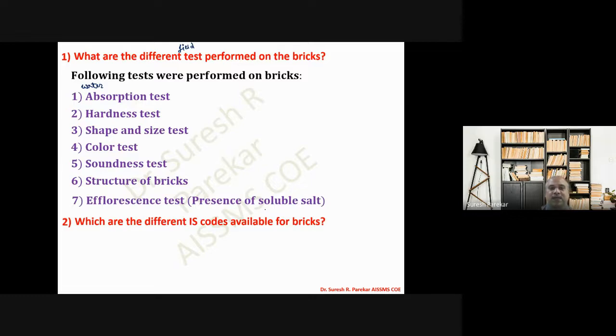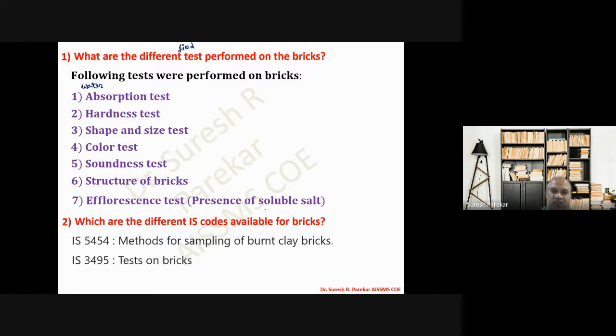Now, which are the different IS codes available for bricks? IS 5454, we have four parts, and that is for sampling of burnt clay bricks. 3495 gives us the procedure for tests on bricks, and 1077 gives guidelines for common burnt clay building bricks.